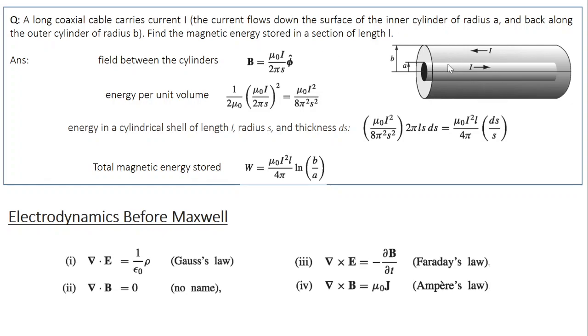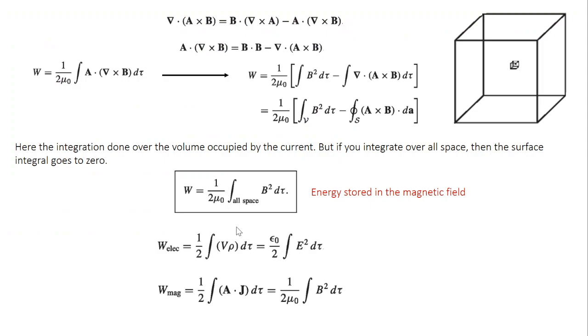The field between the cylinders is given by Ampere's law as B equal to mu naught I divided by 2 pi s, along the circumferential direction given by phi cap. Now, energy per unit volume, we have seen, is nothing but 1/2 mu naught B square.